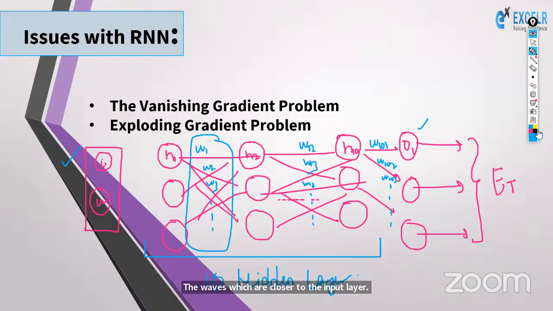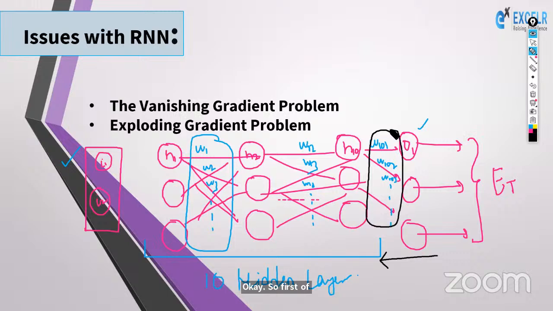If you recall how weight optimization works, it always follows the back propagation method. That means weights will start optimizing from the output layer to the input layer. So first of all, the weights of this particular layer will be optimized. Then weights of the 10th hidden layer, then the 9th hidden layer, then the 8th hidden layer, and so on. At the last, it will come to the second hidden layer weights and then the first hidden layer weights.